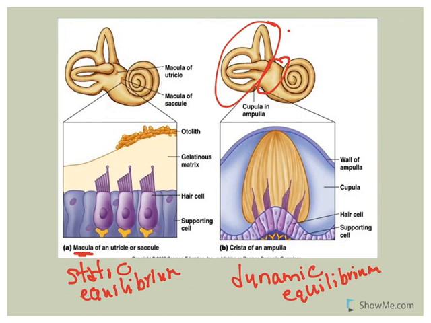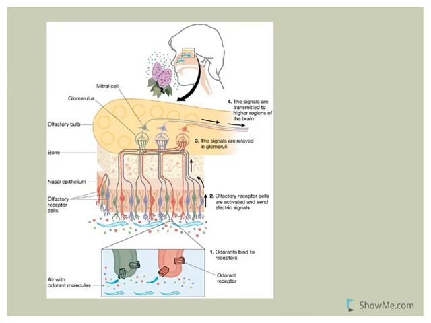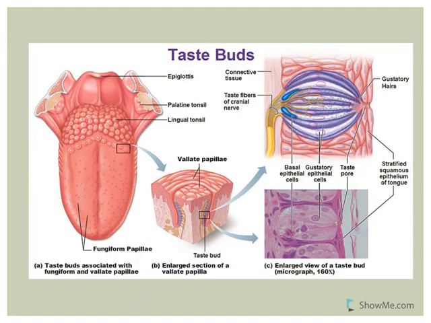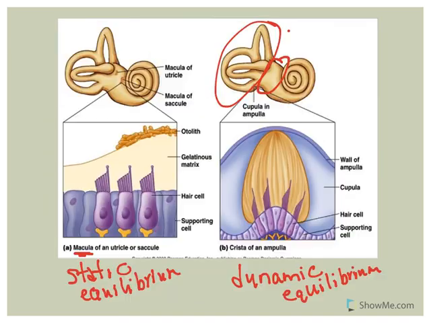Now the smell, or your olfactory receptors, those are specialized. You have your gustatory receptors. They're involved in taste. Now, I forgot to put the picture, I can come back here, within the cochlea, you have your organ of Corti, which is involved in hearing.